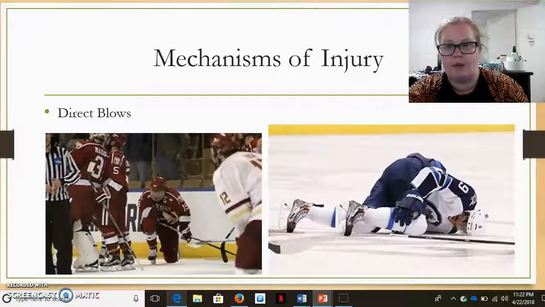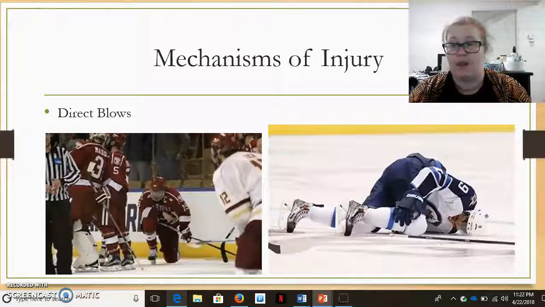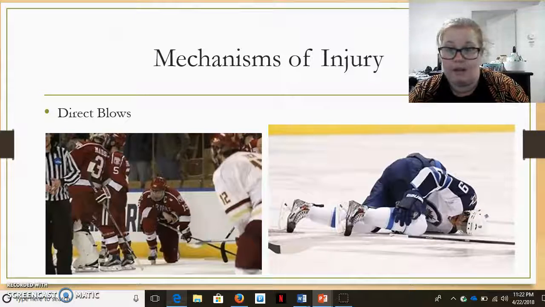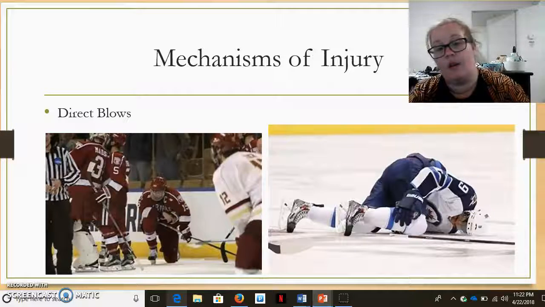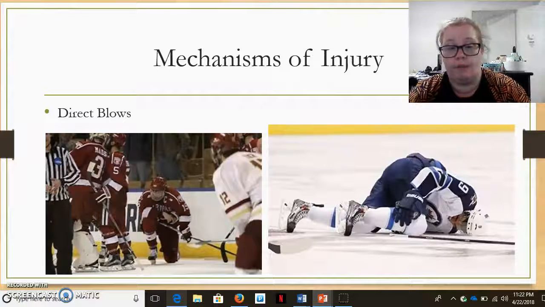Another one is direct blows, which is very common, whether somebody's skating towards you and they accidentally hit you. They could be high sticking and hit you with the stick in the knee, make you lose your balance, or it could be high sticking and it comes directly at your knee, to like the side of your knee or the front of your knee, and you tear your ACL that way.